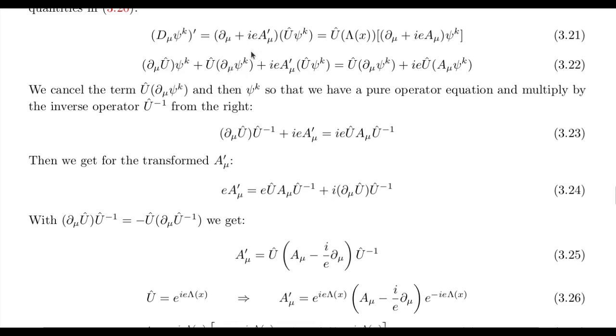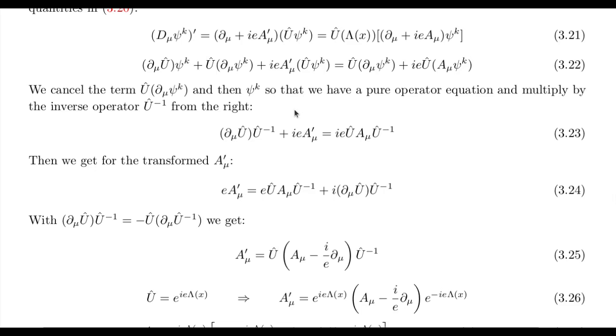Then we have a third term, only the product of i e A and u psi. Then on the right hand side of the equation, we have the unitary operator applied to the differential and psi, that's the first part, and the other addend is with i e A, that is this one. Okay.